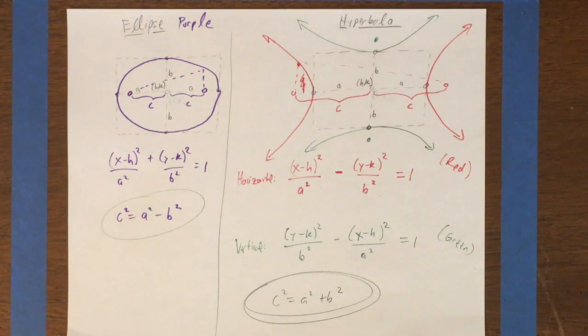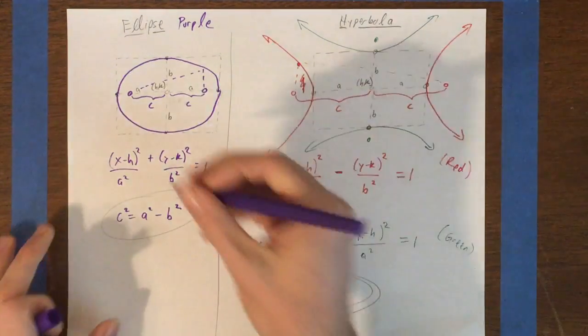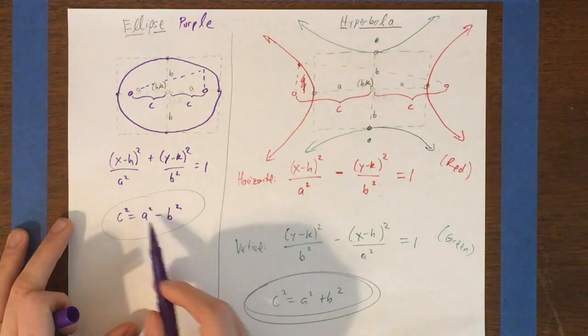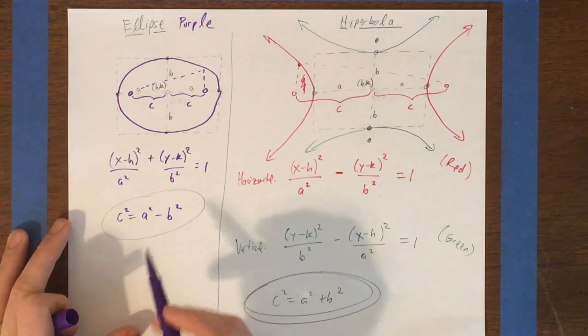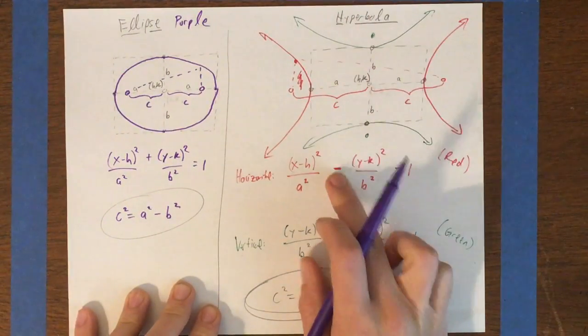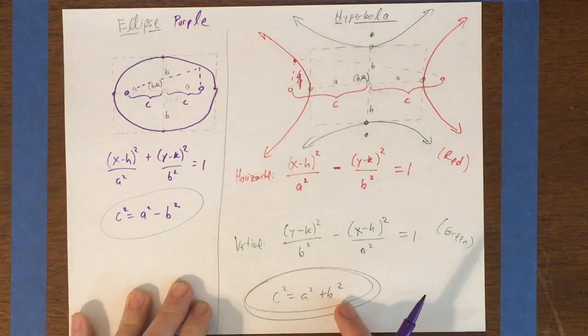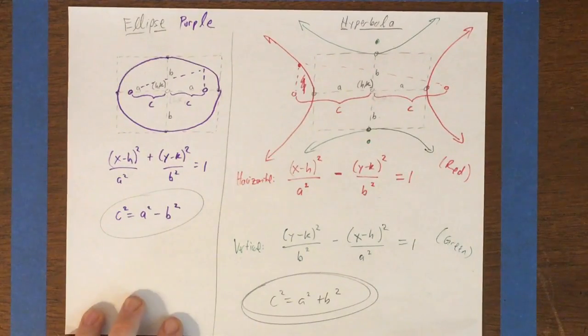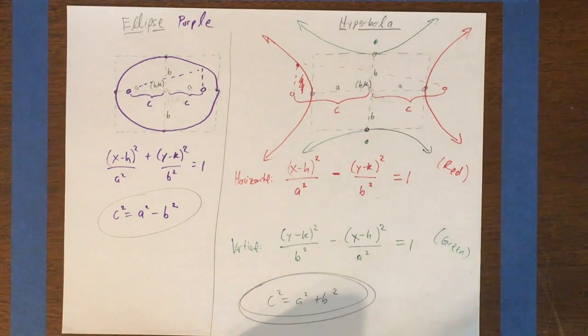It's like you're swapping the pluses and minuses around everywhere, right? In the ellipse equation, you're adding the terms, but then the a squared minus b squared is subtracted. And in the hyperbola case, you're subtracting the terms, and the a squared and b squared are added. So those both kind of swap around. It's a nice, easy way to remember it. Yeah, and I think that's all I wanted to say.